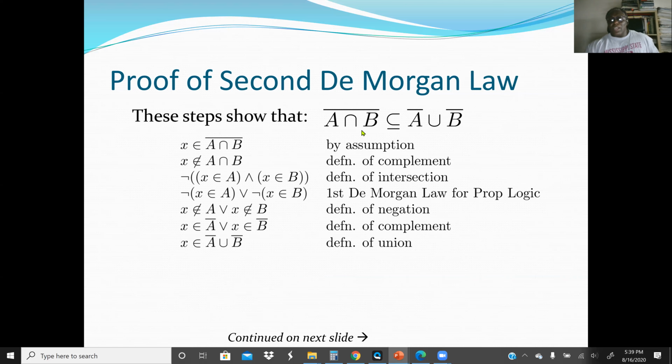So we want to prove that, again, the complement of A intersect B is a subset of A complement union B complement.